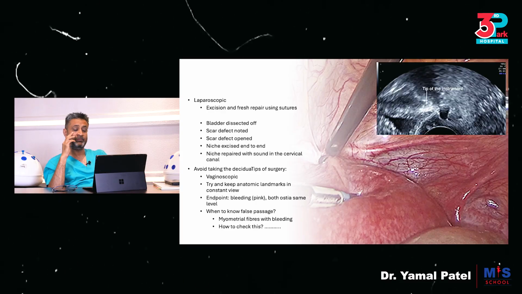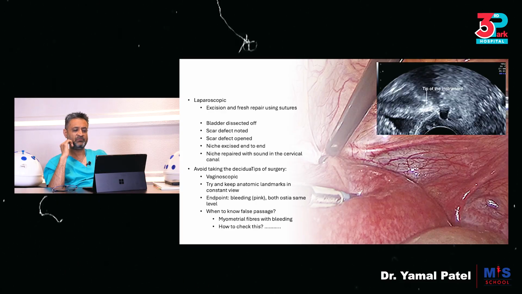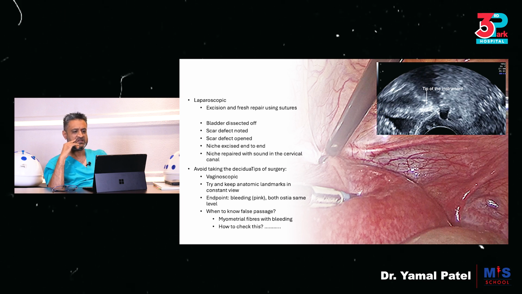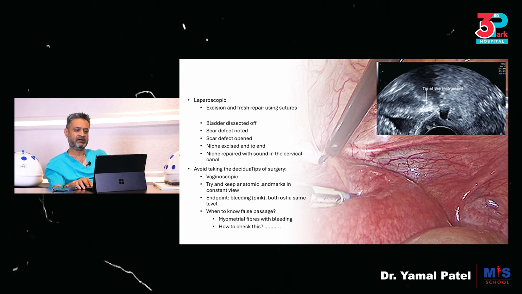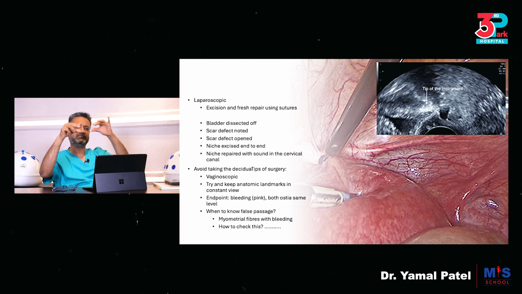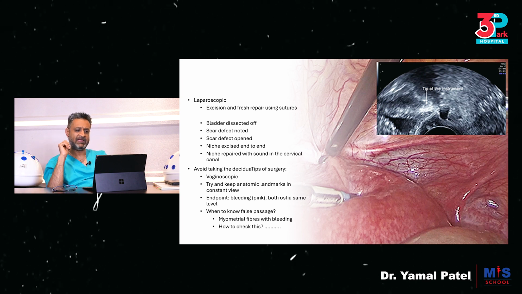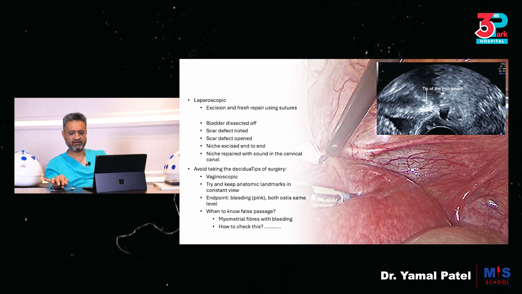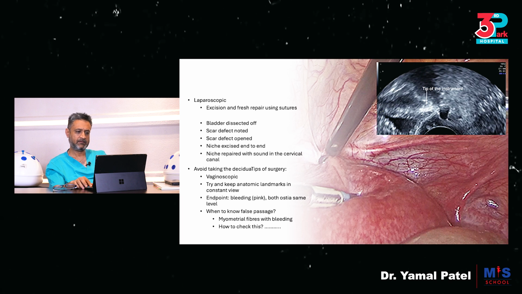You could do it laparoscopically. So laparoscopy is excise and fresh repair using sutures. So the steps are basically dissecting of the bladder, noting the scar defect, opening the scar defect, excising the scar defect and niche end to end, so it's not only a central thing, and then repair it with a sound or a dilator in the cervical canal, not ideally bigger than a 7 Hegar size.